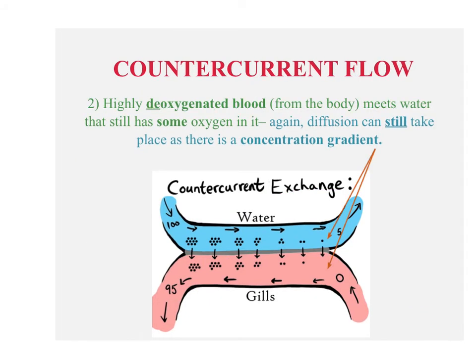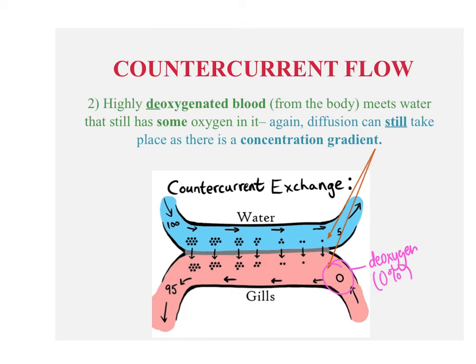At the other side, on the right-hand side, we've got deoxygenated blood, because remember we said that we've got the flow of blood and water in opposite directions. So this blood is deoxygenated. It's got 0% or 0 molecules of oxygen in it.